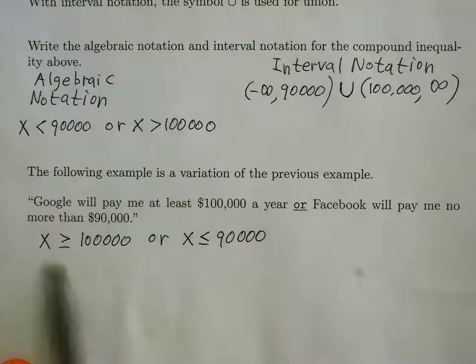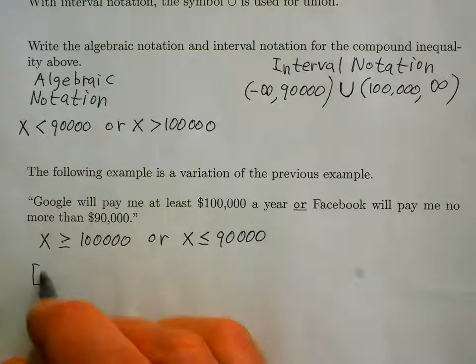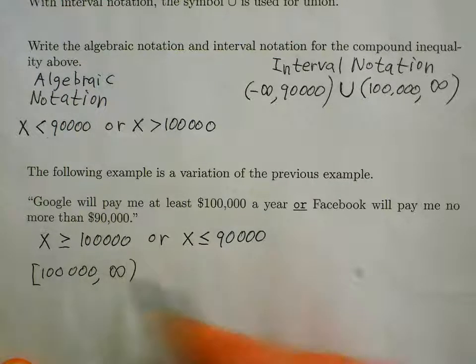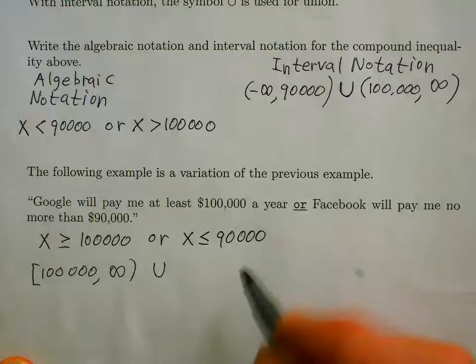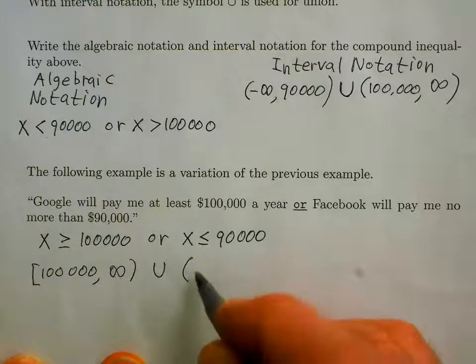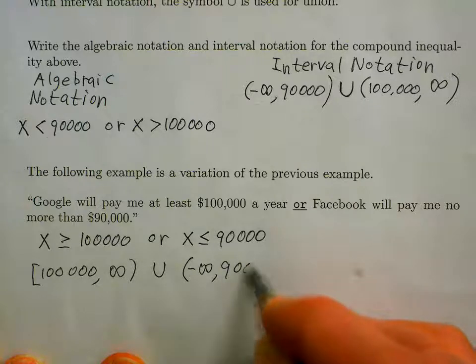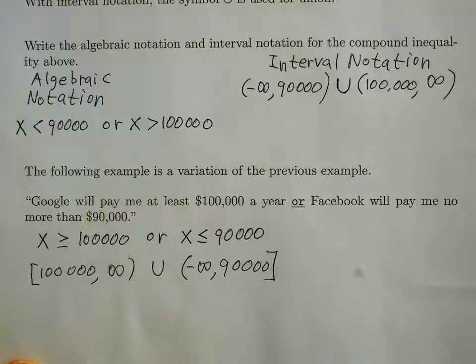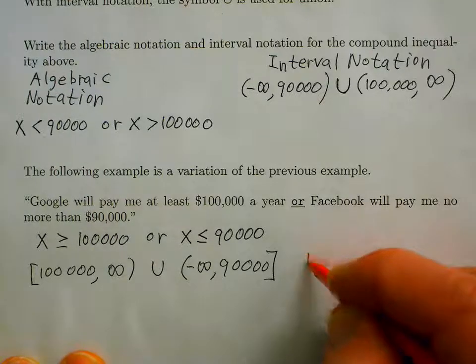The interval notation: we can write bracket 100,000, comma, infinity, union, parenthesis, negative infinity, comma, 90,000. This is perfectly fine.